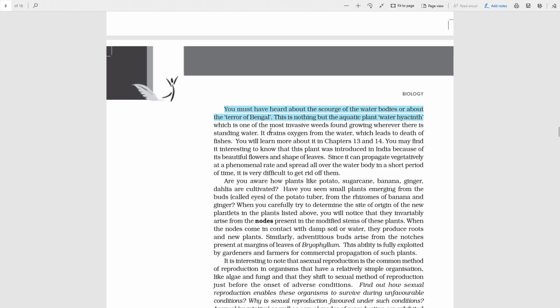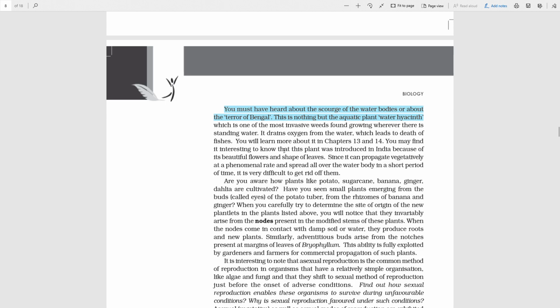It drains oxygen, this is the first reason, which leads to the death of the fishes, which is the next reason. It was also introduced in India because of its beautiful flowers and shapes of leaves. But since it can propagate vegetatively at a phenomenal rate and spread all over the water body in a short period of time, it is very difficult to get rid of them.